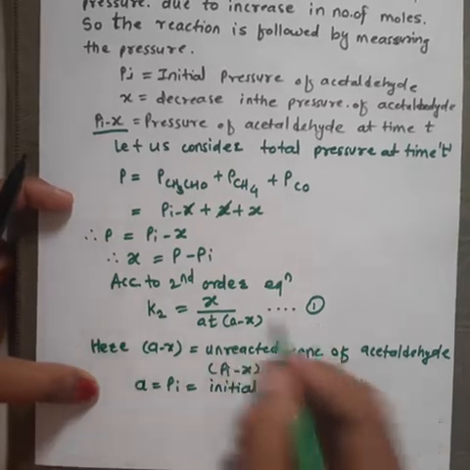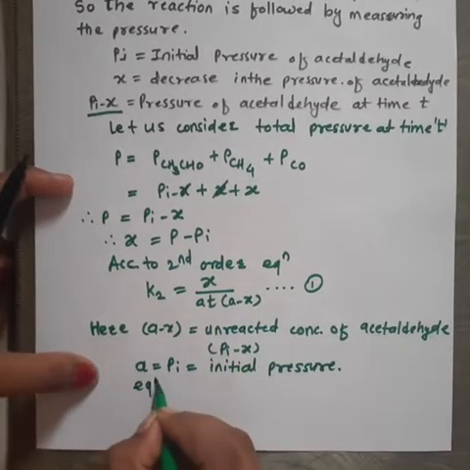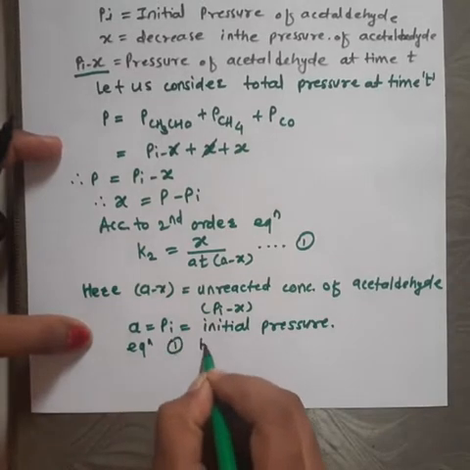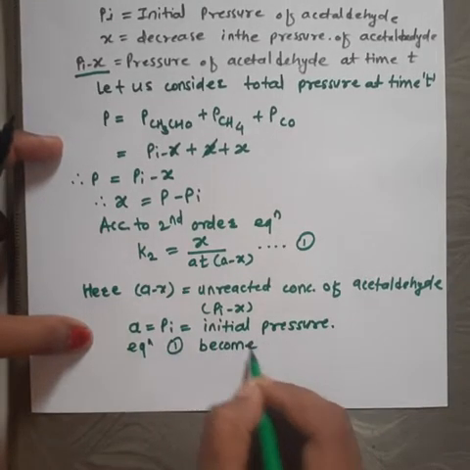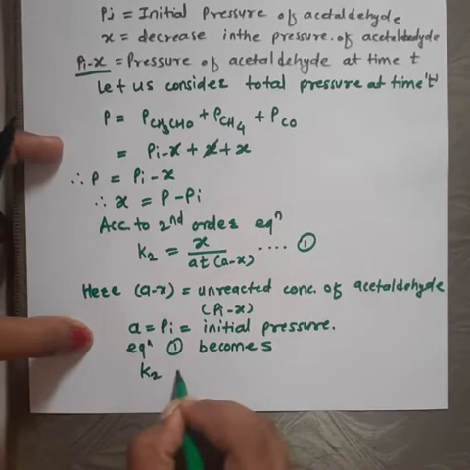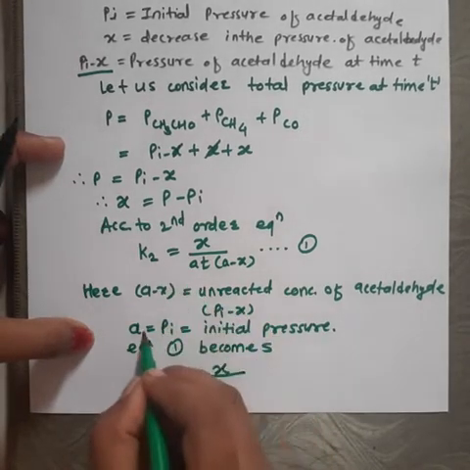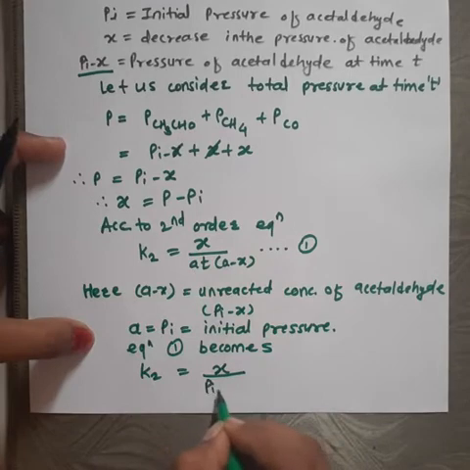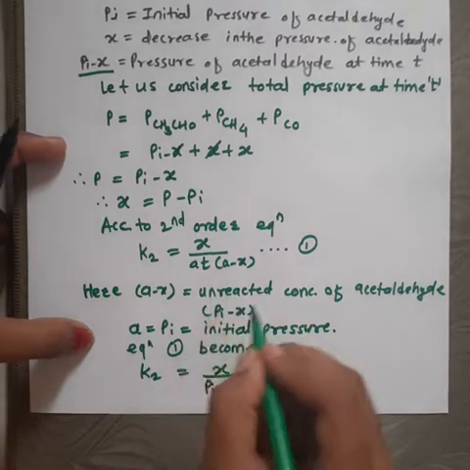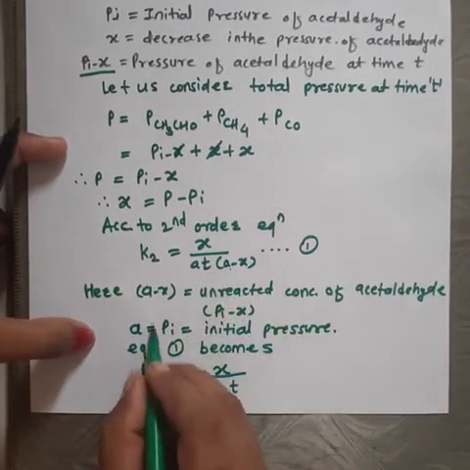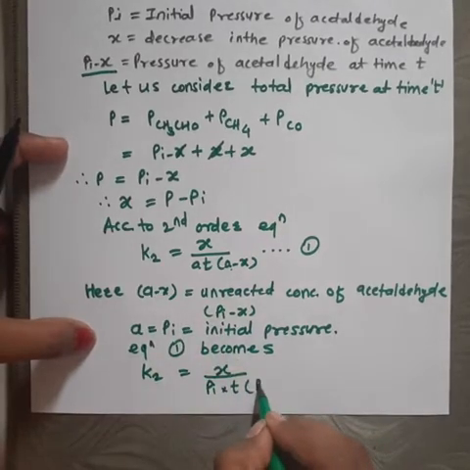So equation 1 becomes K2 is equal to x upon A, and A is Pi, into t into (A minus x), where A minus x is equal to Pi minus x.